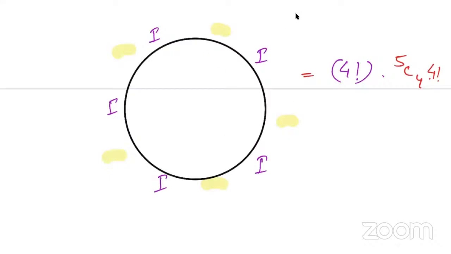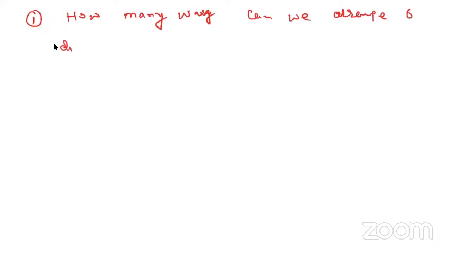So going further with this, right? We are going to one set of questions again. First, how many ways can we arrange 6 different flowers in a circle?